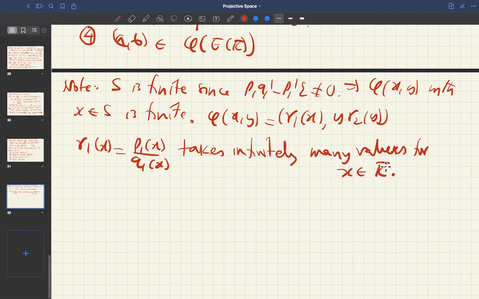When x runs over the algebraic closure, r1 can take infinitely many values, because the derivative of p1 is not identically zero, meaning it is not a constant function, so it takes infinitely many values.